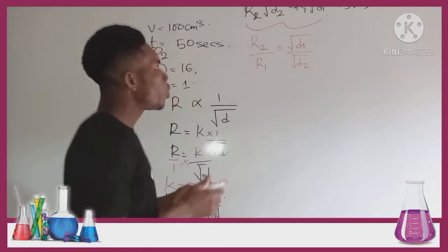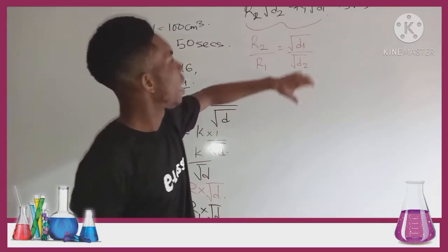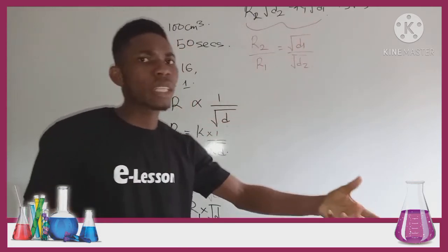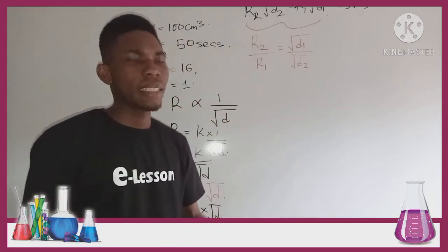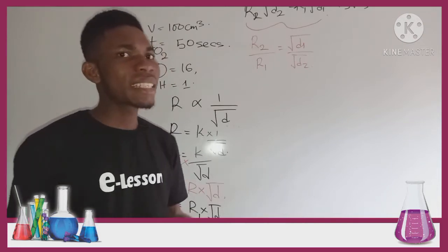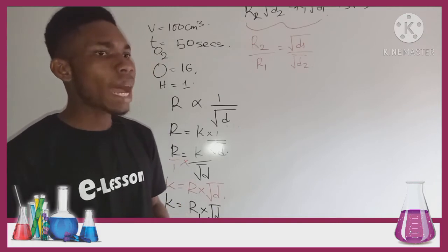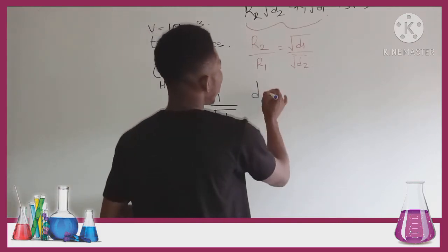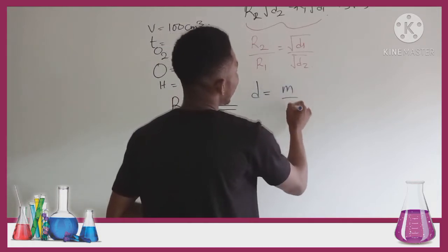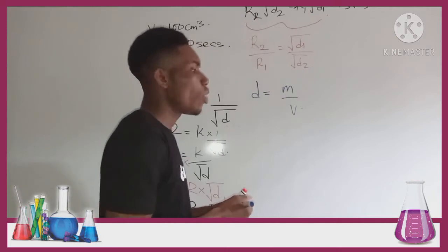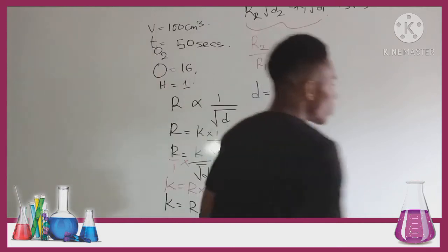Now, we know that density is directly proportional to the molar mass of a gas, because density is mass over volume, so it is directly proportional to mass and inversely proportional to volume.